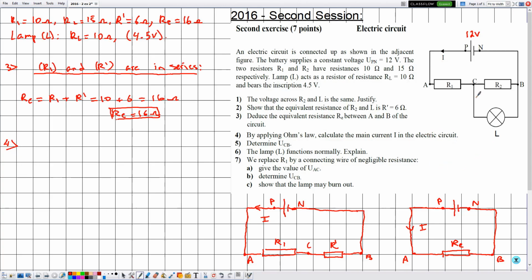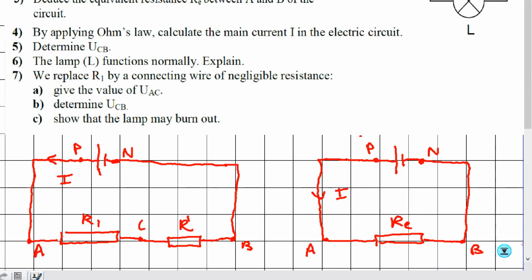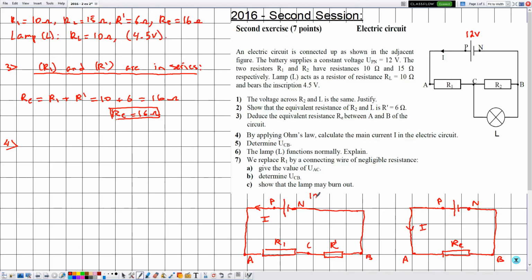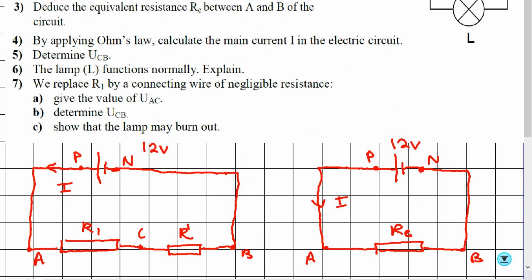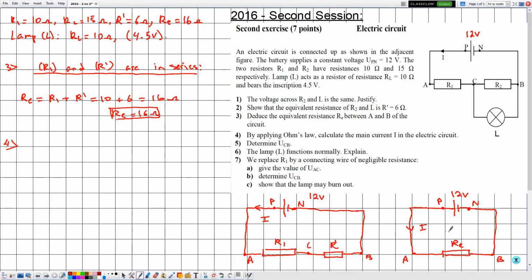So the easiest electric circuit that we can refer to in order to calculate the electric current I is this one, because now we know that the voltage of the battery is 12 volts in this case and 12 volts in this case. So the voltage of the battery will not change. And we know the value of the equivalent resistance Re that we already calculated, so Re is equal to 16 ohms.